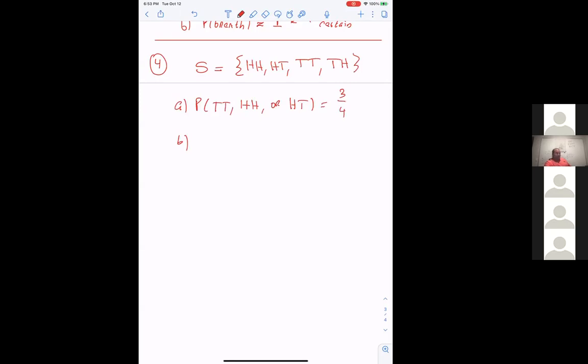Because they are equally likely outcomes, 3 of the 4 of them give you what you want, and done. Next, if you roll a die once, what is the probability that it won't be a 6? 5 out of 6.